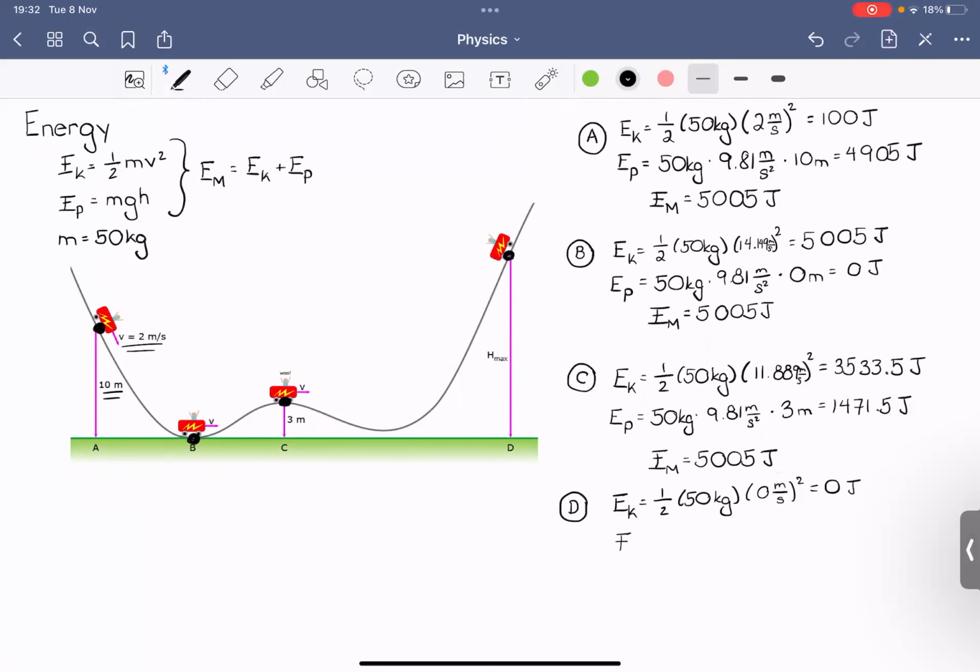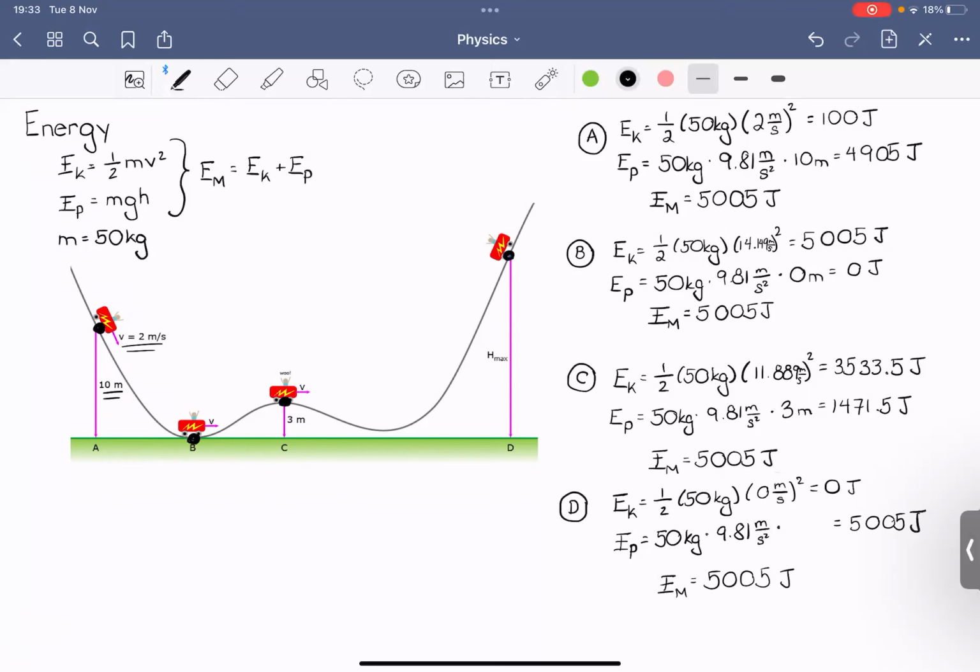My potential energy, I don't know it just yet, but I'm going to get it. And my mechanical energy is the same, 5,005 joules. Okay? So, since the sum of them has to be the same, my potential energy is going to cover the whole thing. So, it's going to be 5,005 joules. So, 50 kilograms times 9.81 meters per second squared times my height, which I don't know just yet, is going to be 5,005 joules.